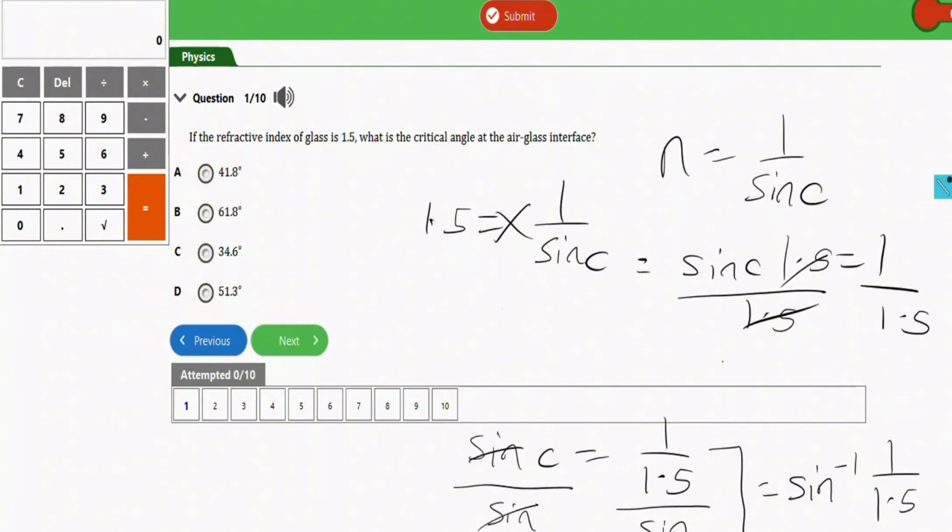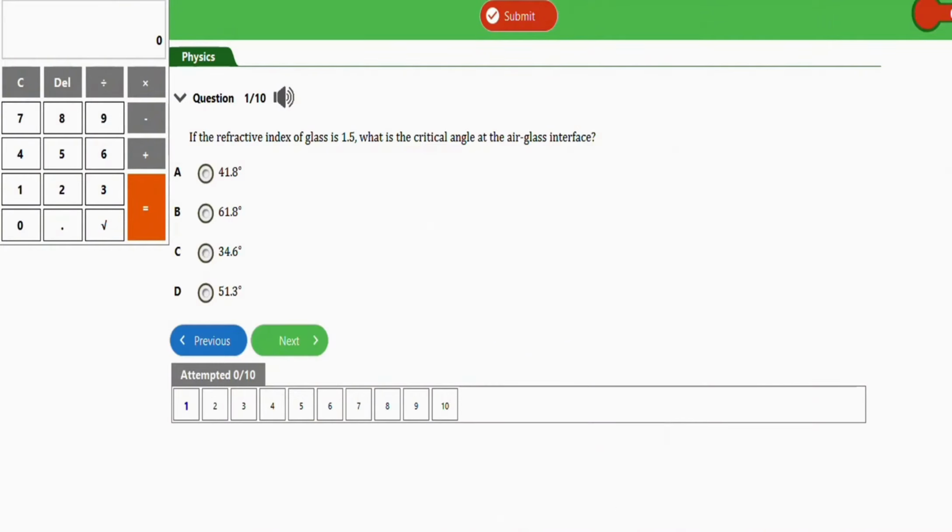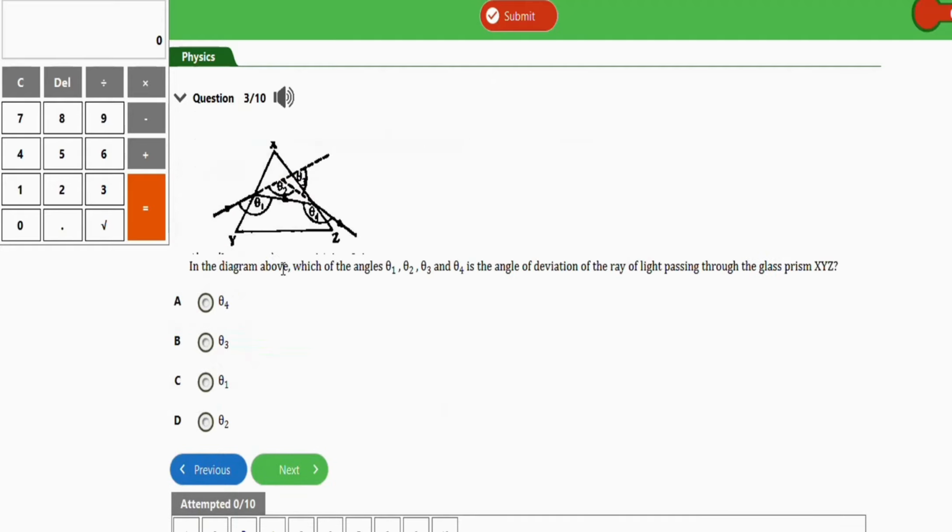Let's wipe this now and solve the next repeated question. It says, in the diagram above, which of the angles is the angle of deviation of the ray of light passing through the glass prism XYZ? For this question, guys, pay attention. The correct answer will be option B, which is theta subscript 3.